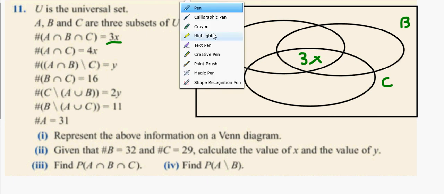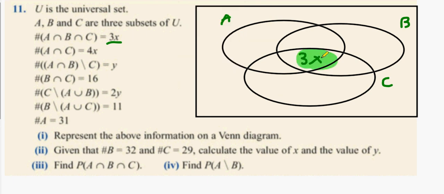Now, we're told that A intersection C is 4x. So we're told this entire yellow region is 4x. So what does that make this part here? It's meant to be 4x. So what do we need to put in here to make it 4x? Over here.